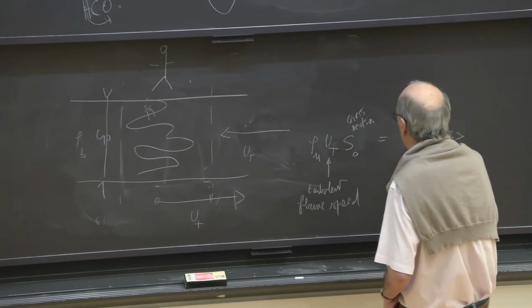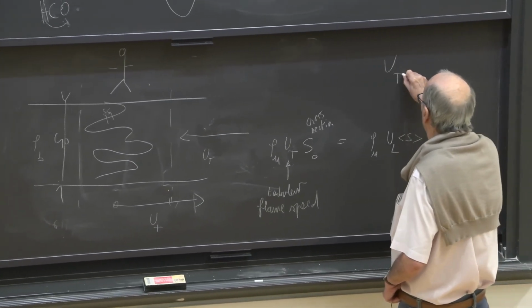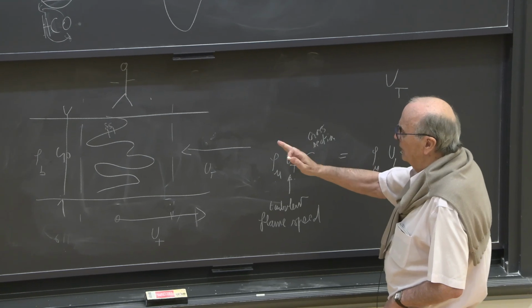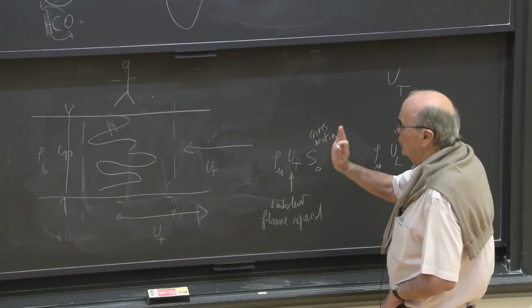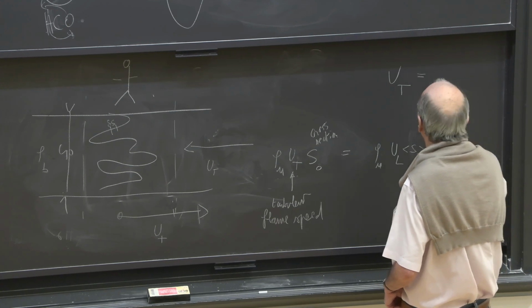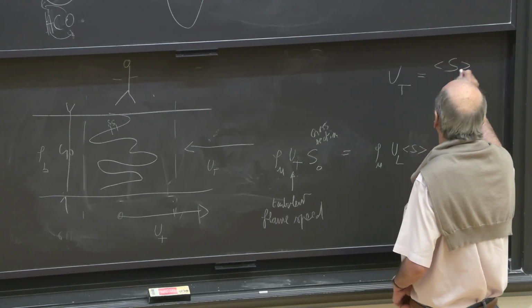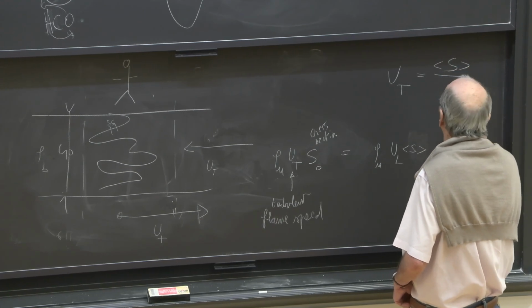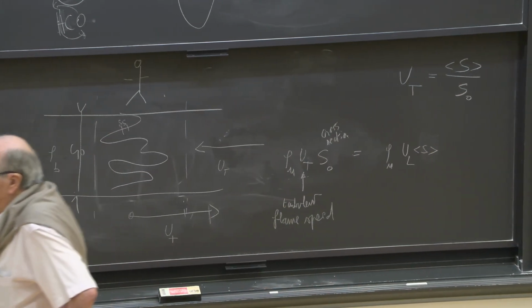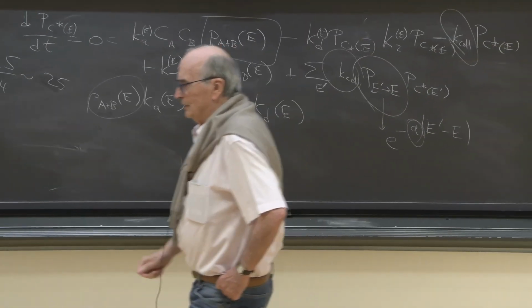So you see that immediately the turbulent flame speed, when you are in the wrinkled flame regime, which means that locally you have a laminar flame, is simply the ratio of the surface divided by the cross-section. Okay? This is what is called a turbulent flame speed.